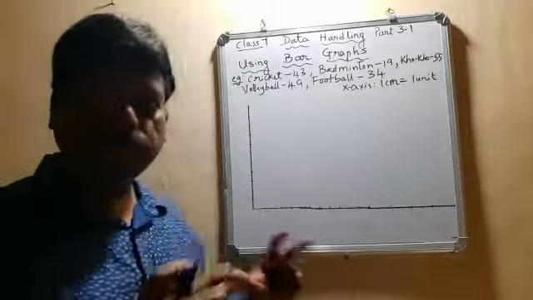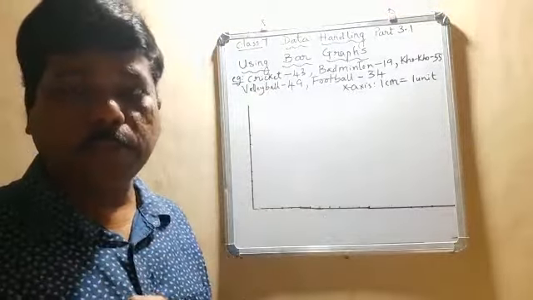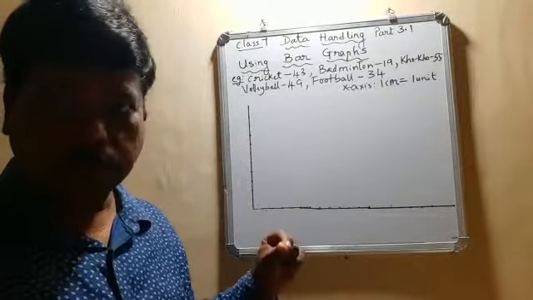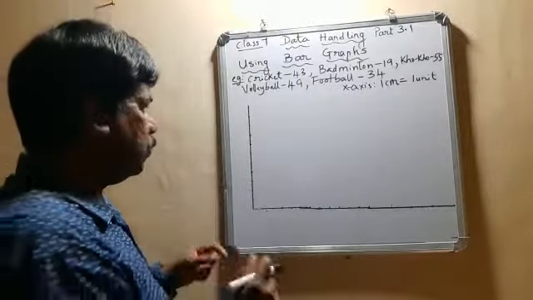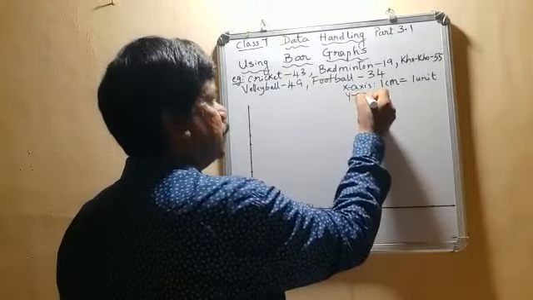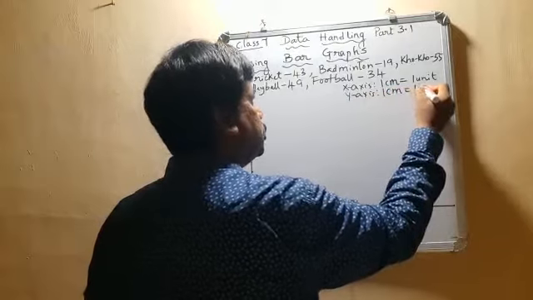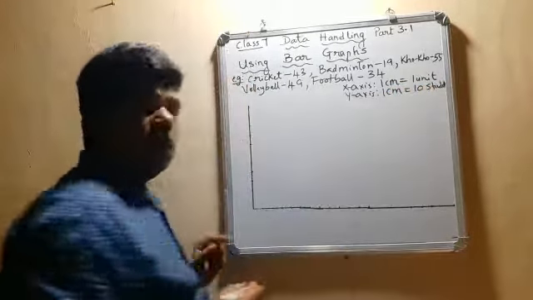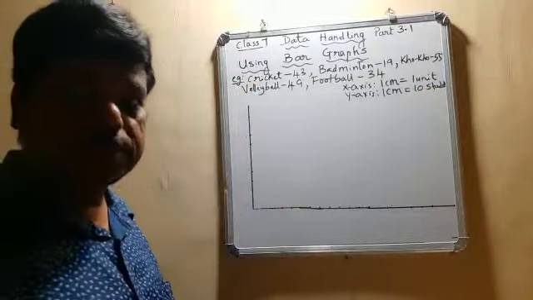As you know, in a graph sheet, 1 square centimeter has 100 small boxes in it. So therefore, let us consider the y-axis as 1 centimeter equal to 10 students. Now, how am I going to represent cricket?